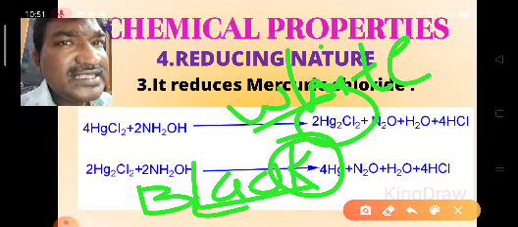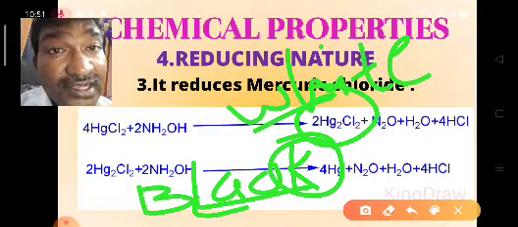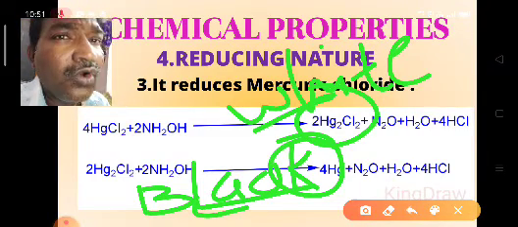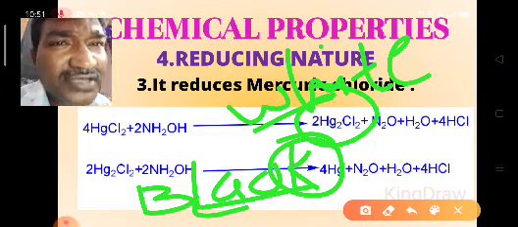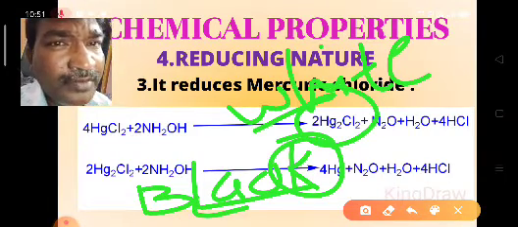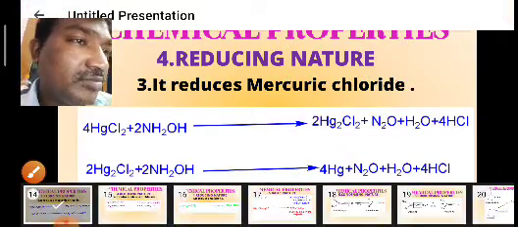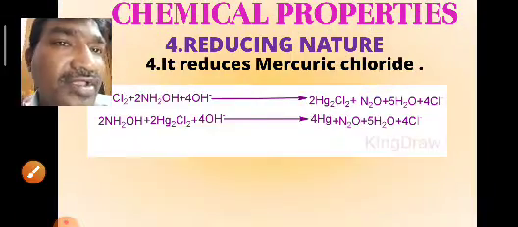Sometimes finely divided metals appear in different colors. For example, we can prepare gold in various different colors. So like that, here we get mercury in black color. That is the point we have to remember here.